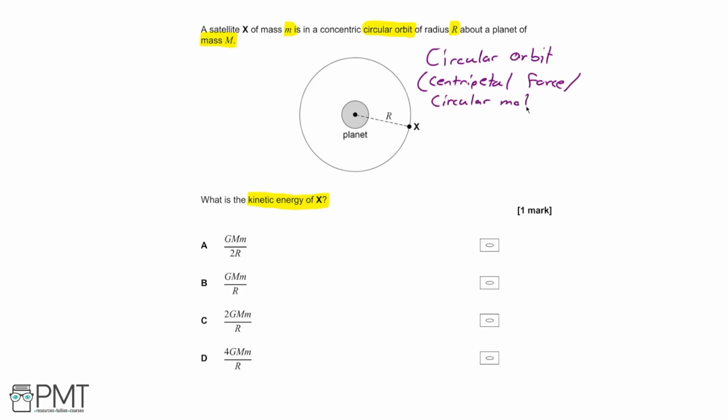We also have that it must be orbiting under the gravitational force, since this is between a planet and a satellite, and also because all the answers are in terms of Newton's gravitational constant G. And then finally, we also know that we're looking for the energy, so kinetic energy.